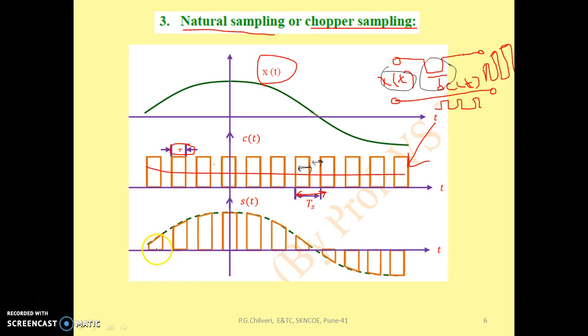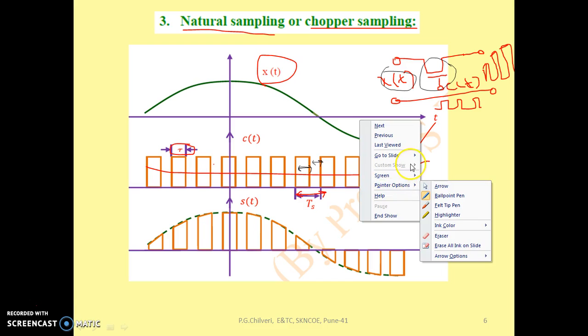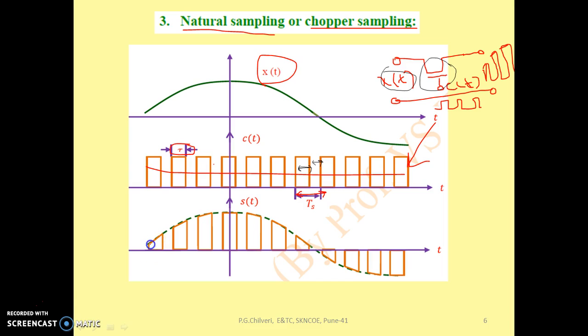Hence the shape of the sampled signal you have here is the natural shape of the input signal. Hence it is called natural sampling.